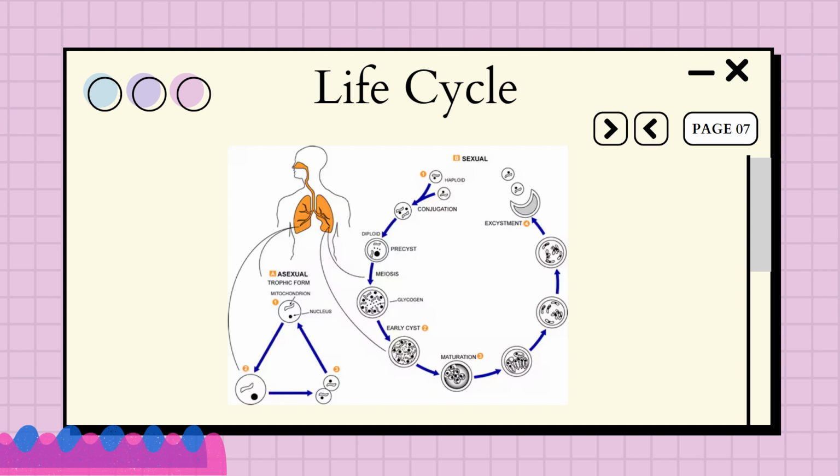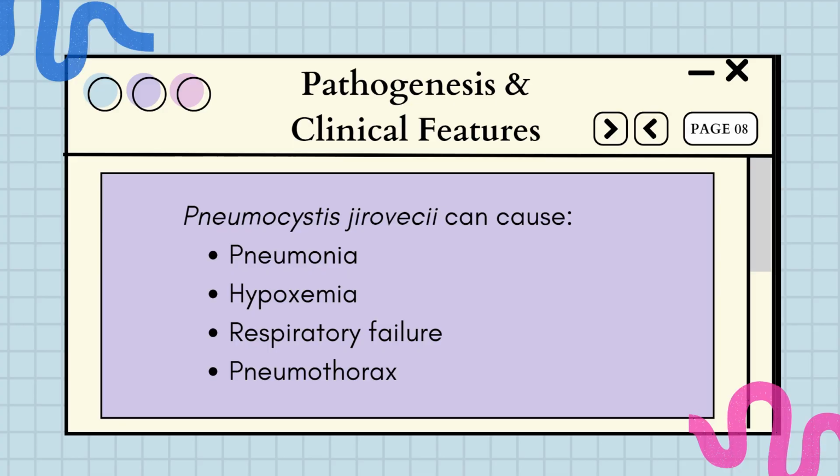Once it matures, the spores will exhibit different shapes, and this is the time that the spores will reach their infective stage. And lastly, the excystment, where the cycle goes back to its trophic form and the cycle begins again. Next, we'll talk about the pathogenesis and the clinical features of the Pneumocystis jirovecii.